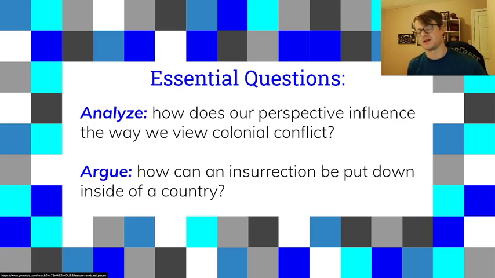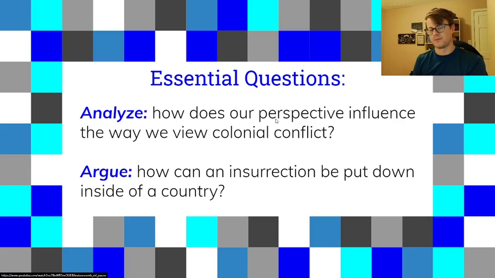So it's pretty recent. We're also going to look at the strategies that the British are going to use when they give up, in a way, indirect control, and how they're going to try to put the Mau Mau down.